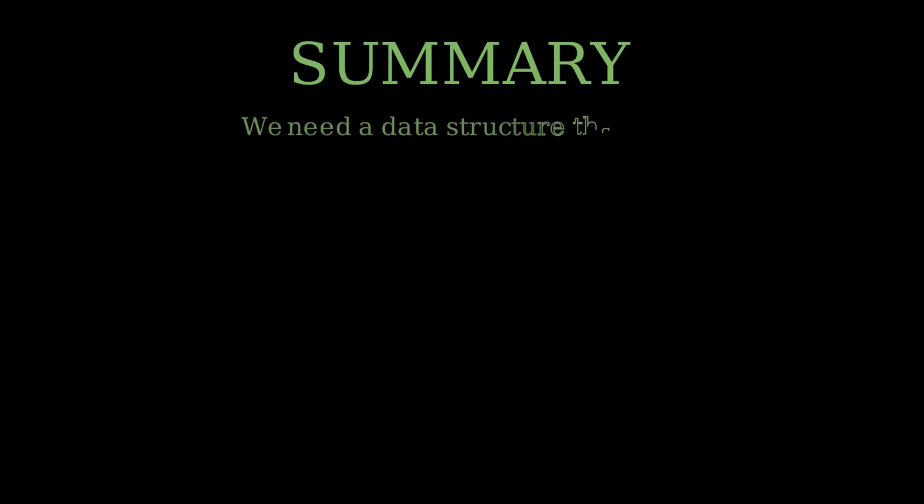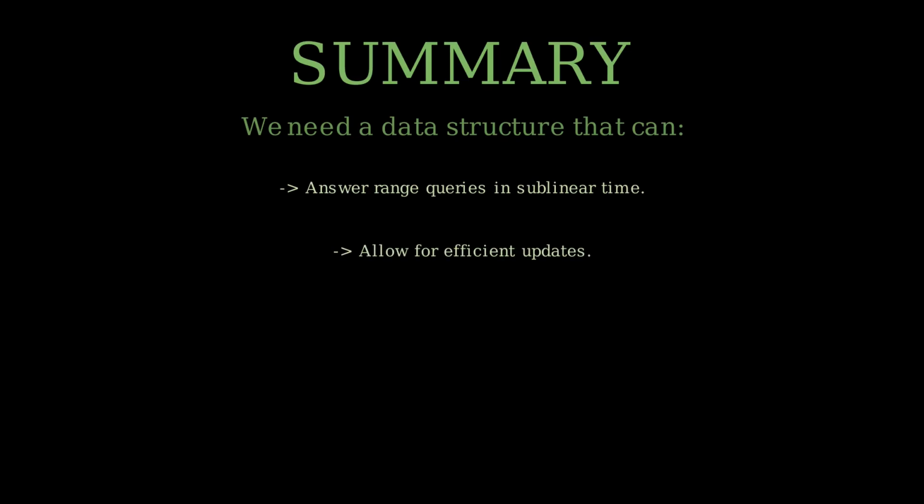So to sum up, we need a data structure that can answer range queries in sublinear time. This means it has to answer queries either in O of 1 or O of log n. Taking O of n is too much and would be inefficient. Second, it should allow for efficient updates.